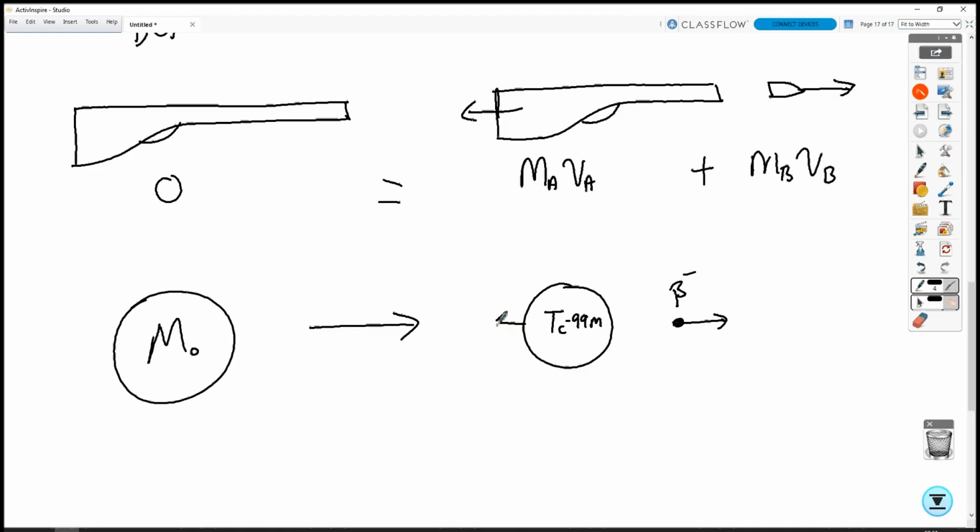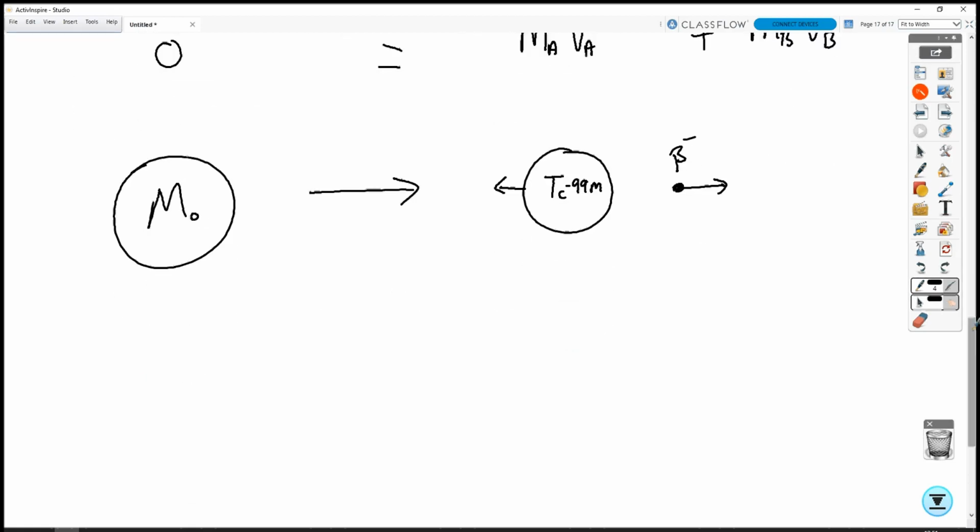And so the technetium has a very small recoil. So again, the momentum before, if it wasn't moving, is 0, which is equal to the mass of A times the velocity of A plus the mass of B times the velocity of B.